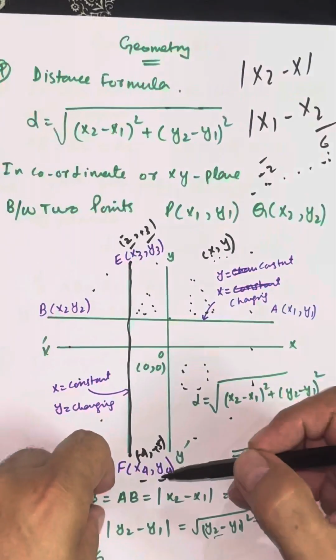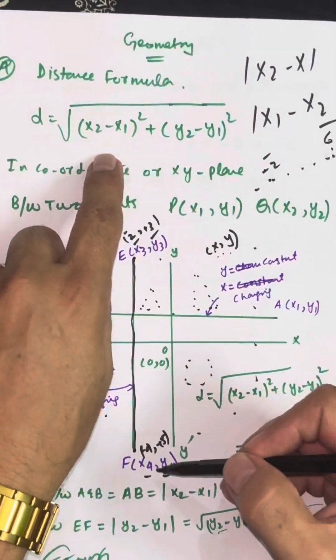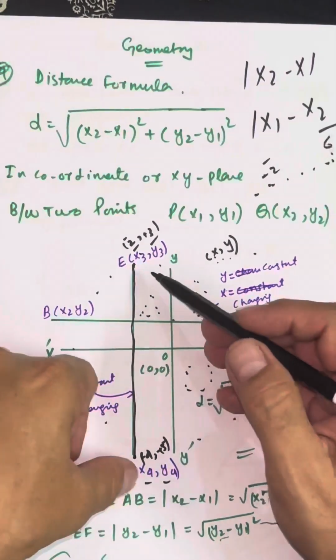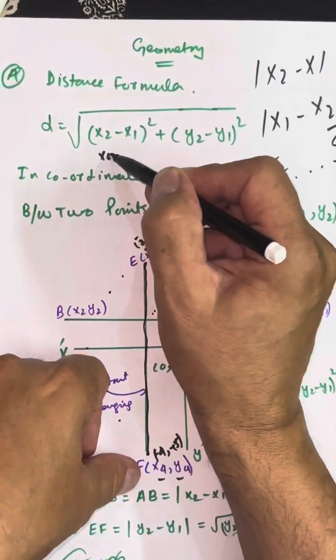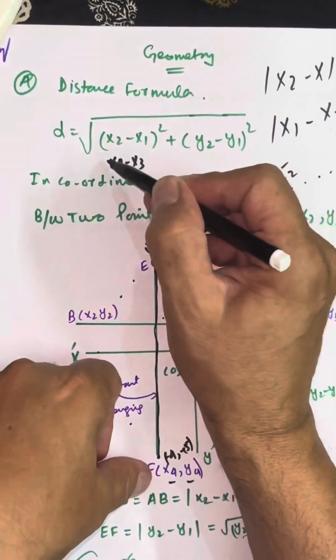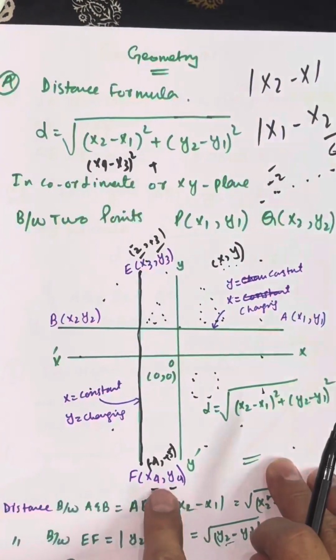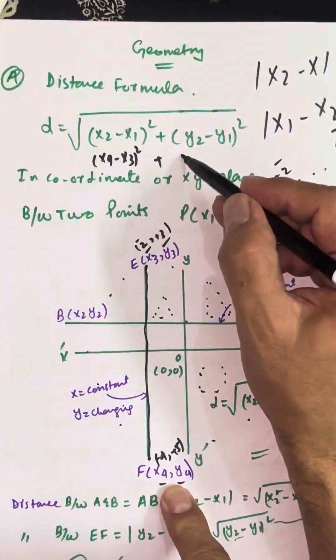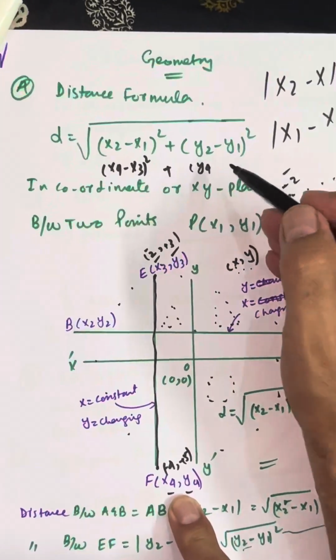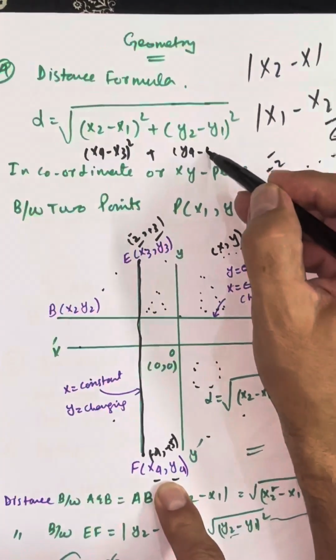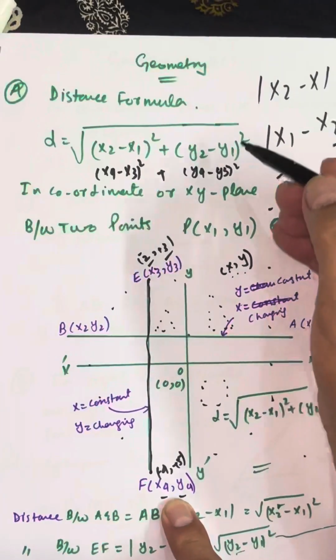What you do, x2 minus x1. So here it is x4 minus x3, whole square, plus y4 minus y3, whole square, under root.